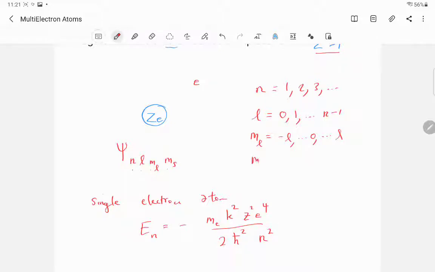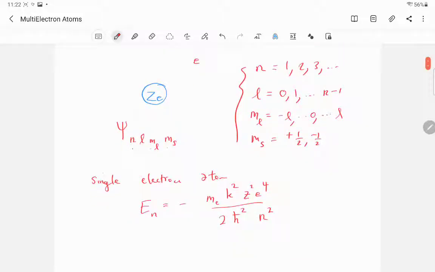And for m sub s, you always only have 2 options, either plus a half or minus a half, because the electron spin is spin half, s equals 1/2. So these are my choices for 1 electron. Adding 1 electron in is actually quite simple.